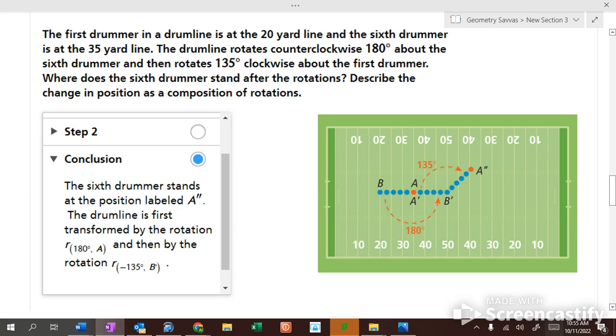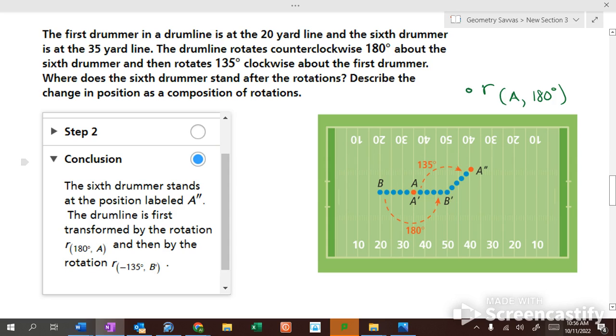Okay? What's the composition of rotations, the composition of transformations there? Well, the first transformation is a rotation which we use a small letter r for. We rotated around point A, and we rotated 180 degrees. The center of rotation was point A. We rotated how far? 180 degrees.